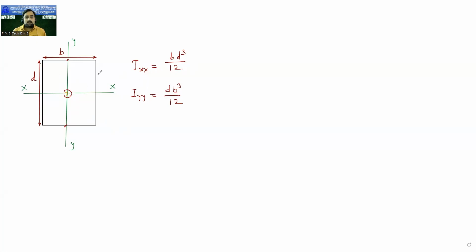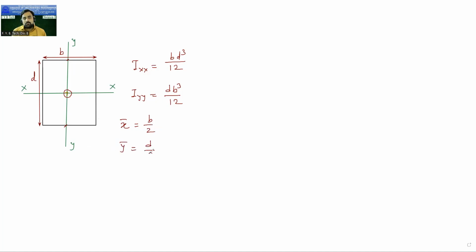Now you tell me, the rectangle is there, b and d its width and depth. What is x bar over here? x bar is b by 2 and y bar is d by 2.